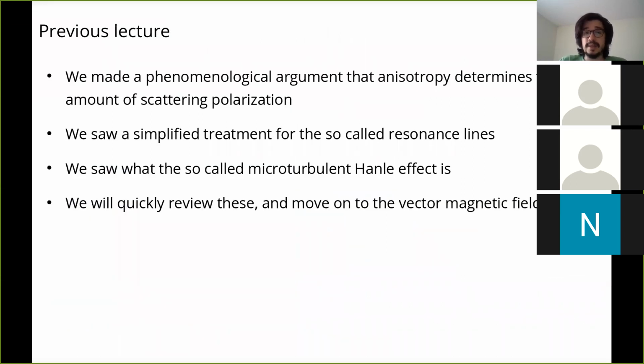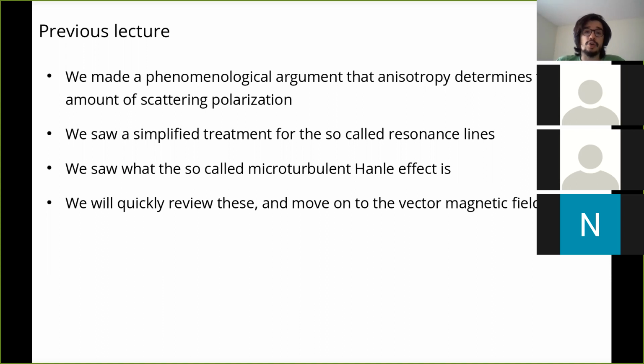And the last time, basically, we made some sort of phenomenological argument that anisotropy of the radiation field is what determines the amount of scattering polarization, and the sign of scattering polarization as well, right? And we sort of saw a simplified treatment, which at first we employed for single scattering situations when we had electron scattering or Rayleigh scattering or something like that.